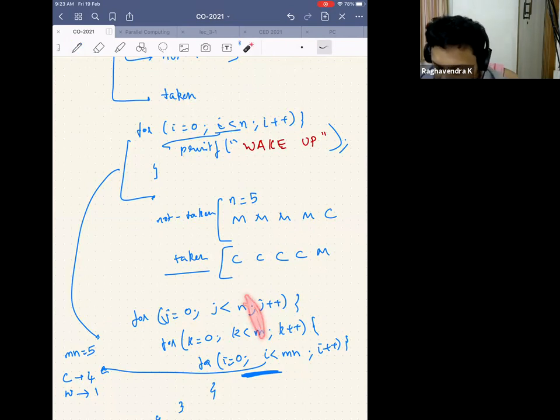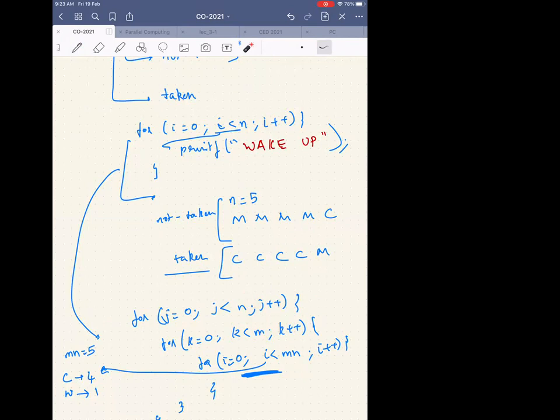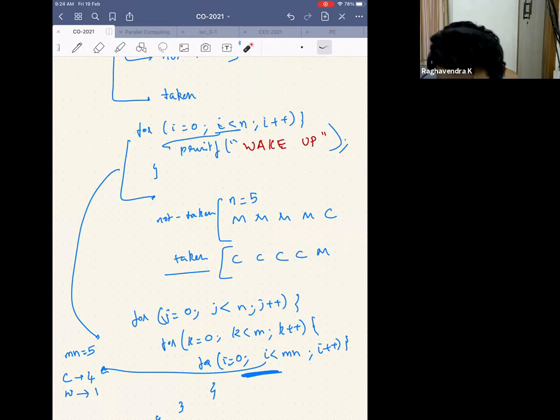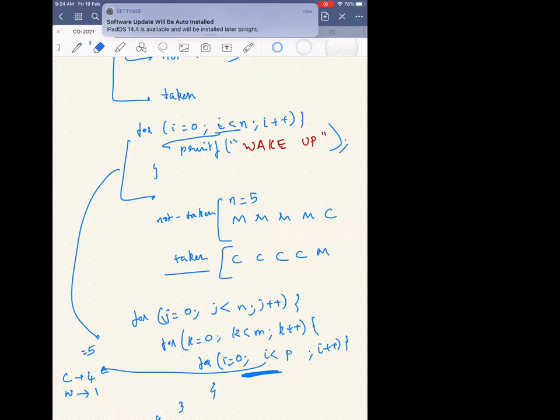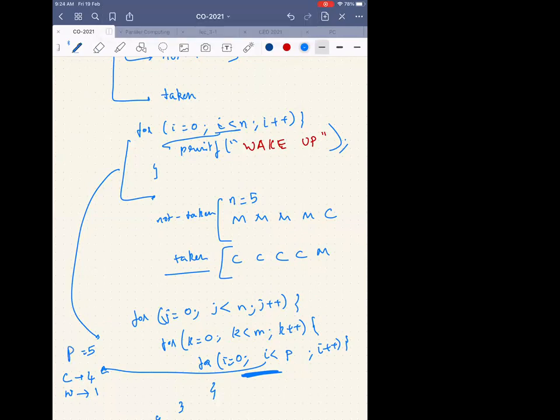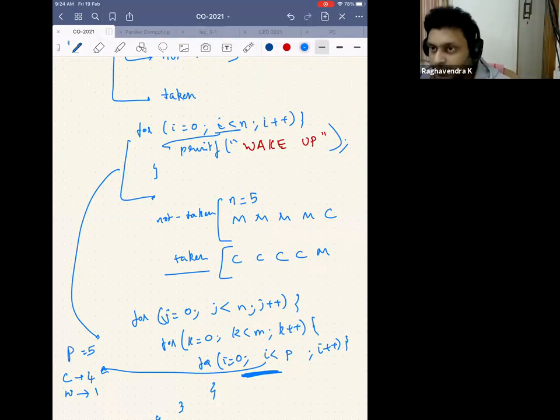So how many times are you wrong now? 5 times? No. I should not have named this variable that way. The inner loop runs only 5 times. If n is equal to 5, I am correct 4 times and wrong 1 time.